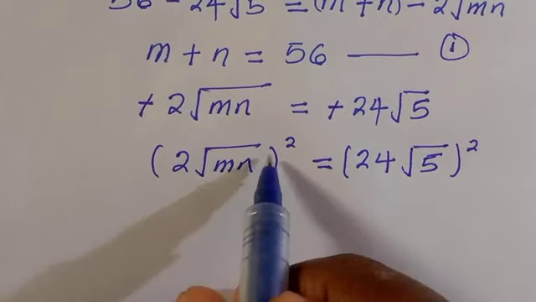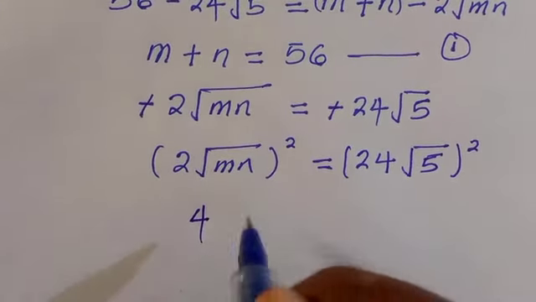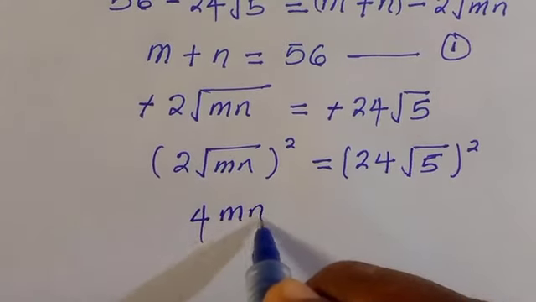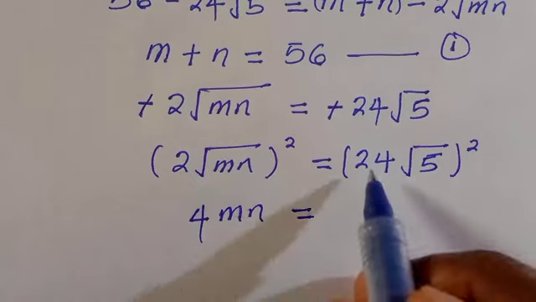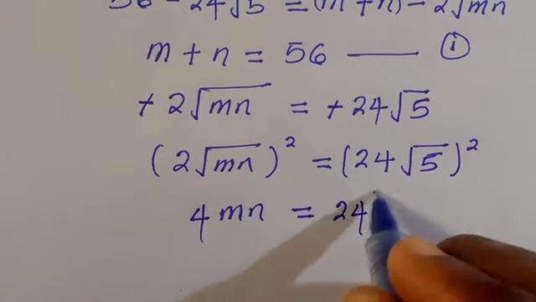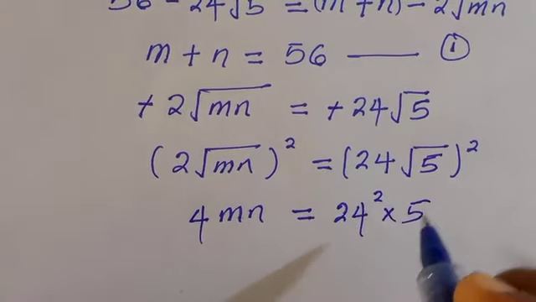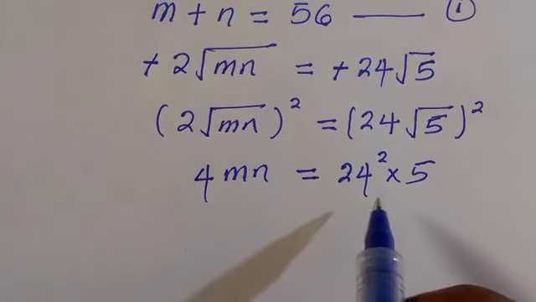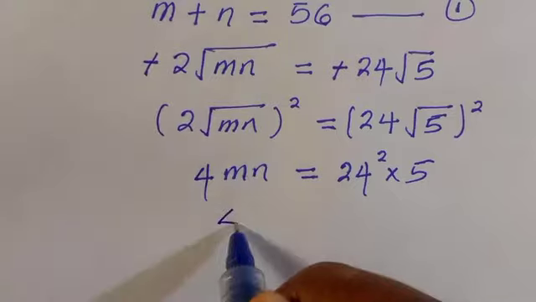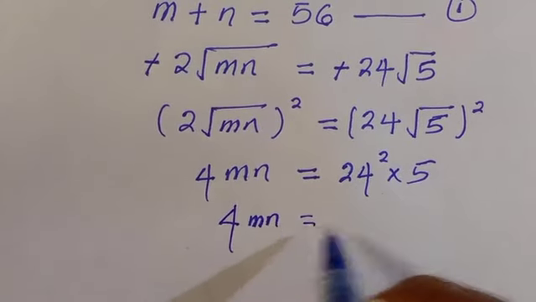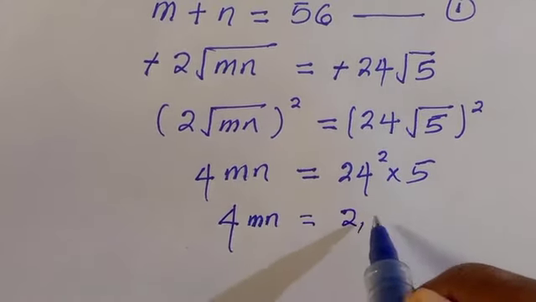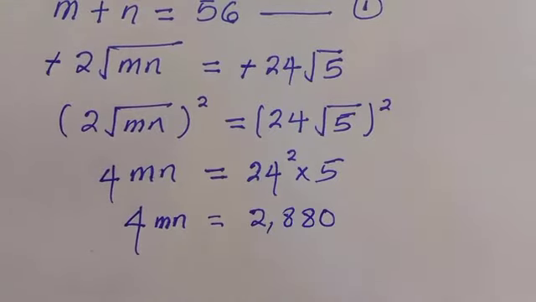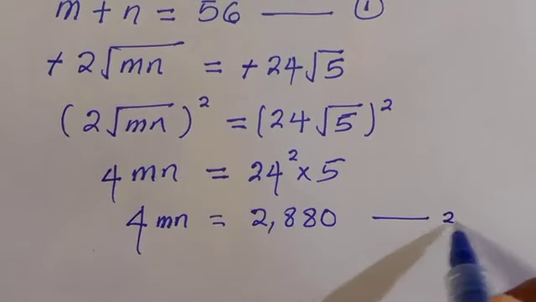So here 2 squared is 4, and the square cancels the root, so 4mn equals 24 squared multiplied by 5. And 24 squared multiplied by 5 gives 2880. I will call this equation 2.